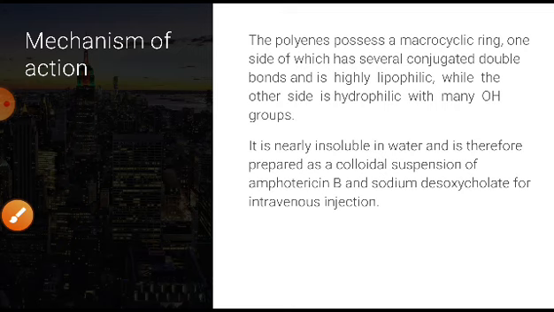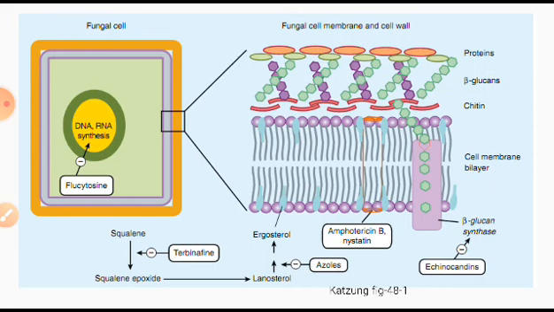It is nearly insoluble in water and is therefore prepared as a colloidal suspension of Amphotericin B and sodium deoxycholate for intravenous injection. Here if you see the structure of the fungus cell, there is an outer layer, and inside there is a core where DNA, RNA synthesis is happening.